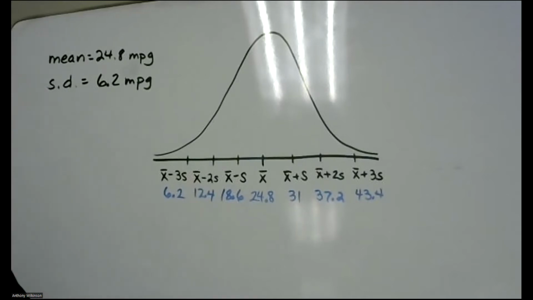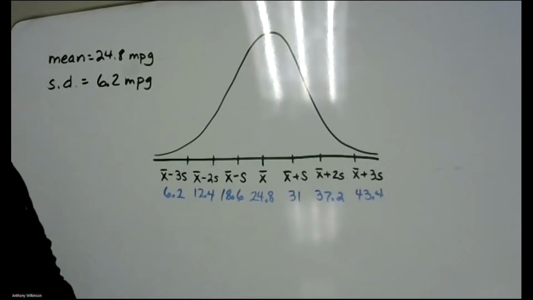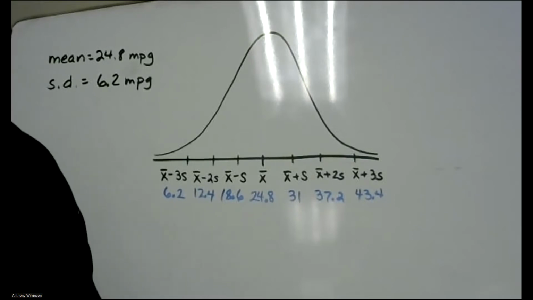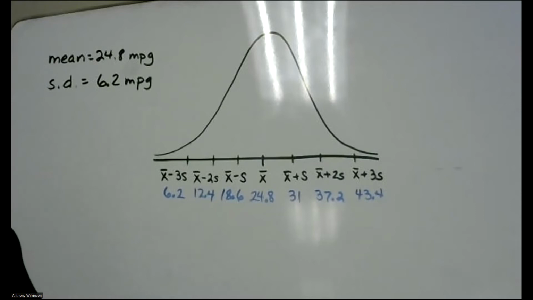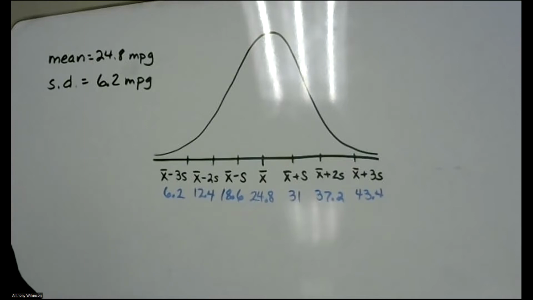All right. Now, it's these numbers that I have here in blue that are going to help me answer that question. It says, within what range are 95% of the automobiles?